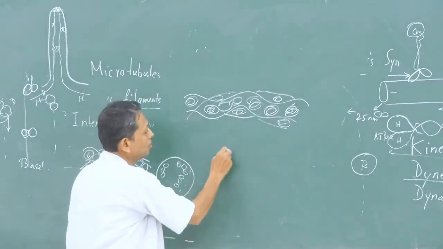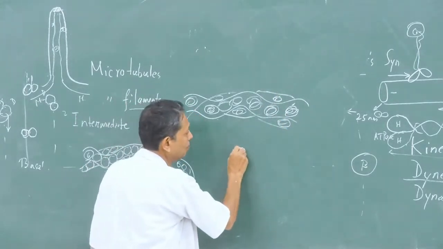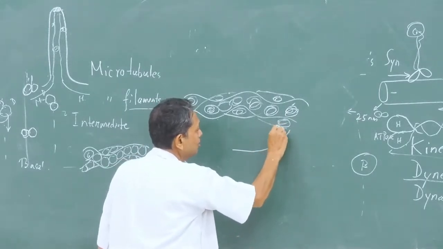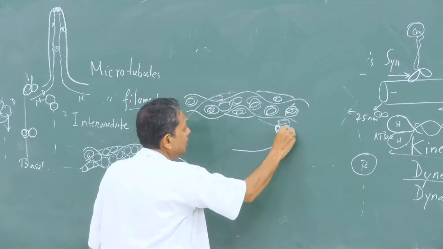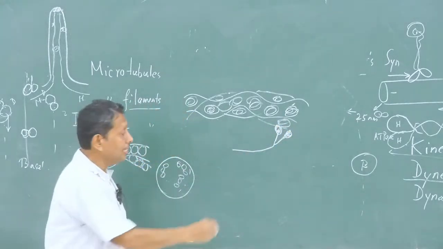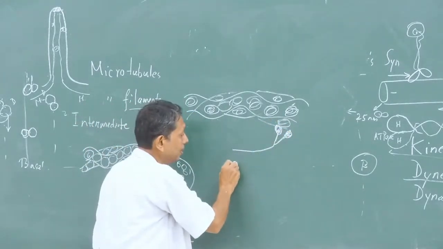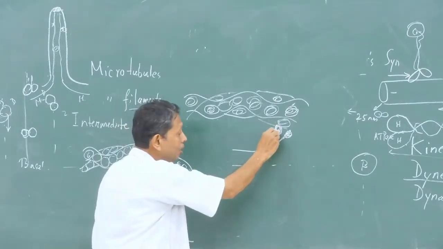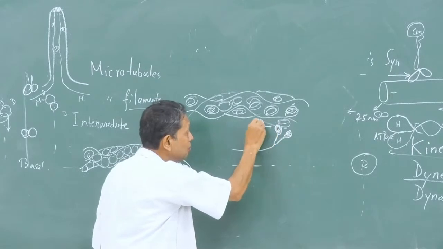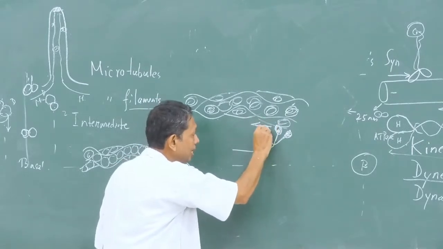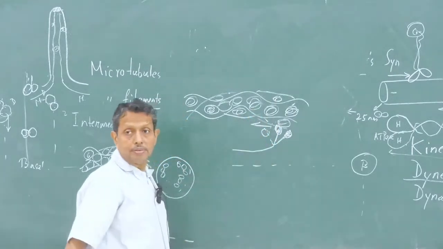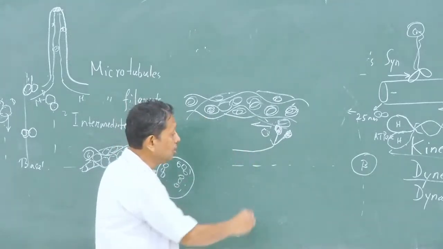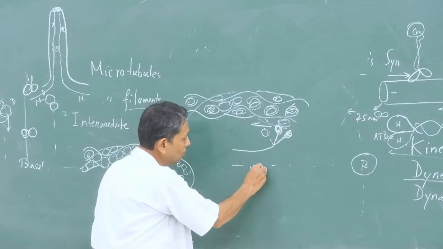And these myosin molecules form the myosin filament, and the myosin heads come out. When this myosin head unites with the actin filament, there is bending of the neck, and then there is movement. In this way, this is taking place. It is the myosin 2 molecule.